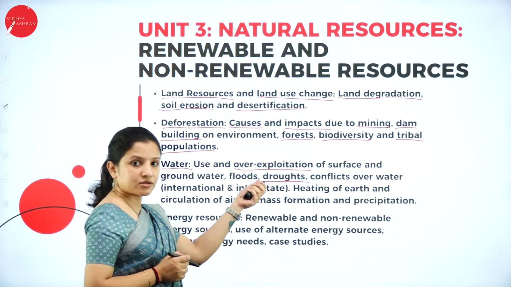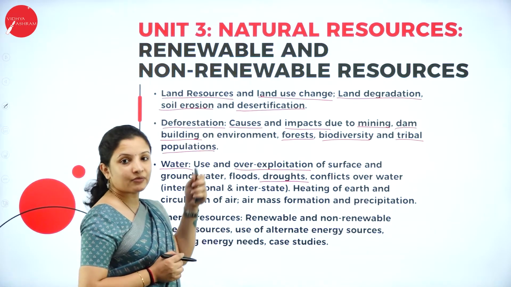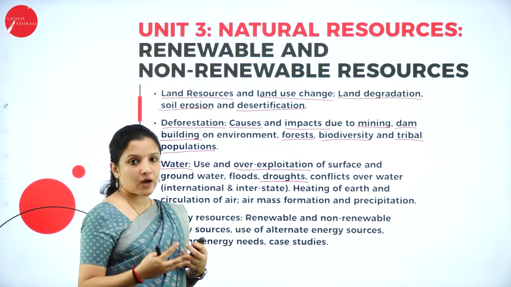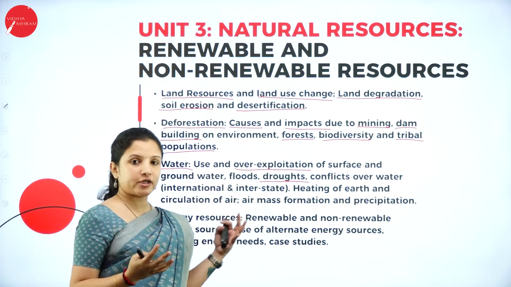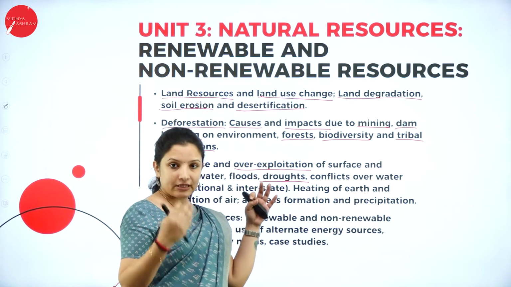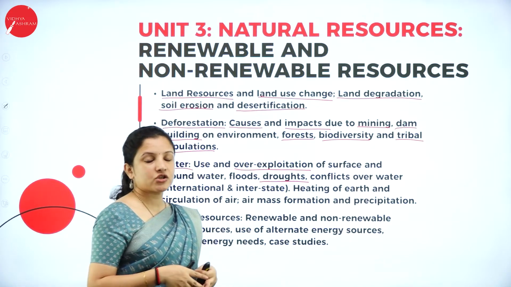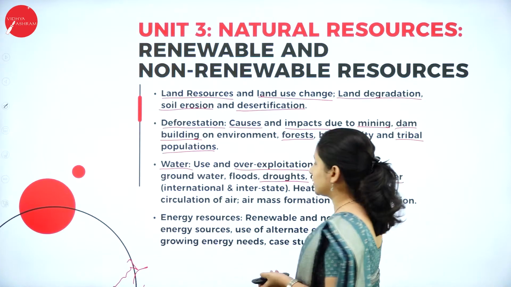Again, one of the main reasons for droughts is deforestation. That is why in environmental studies, each of the topics is interconnected to one another. So the overuse and exploitation of water, or deforestation, has resulted in droughts, and because of this drought condition, or the scarcity of water, there are conflicts over water, right?